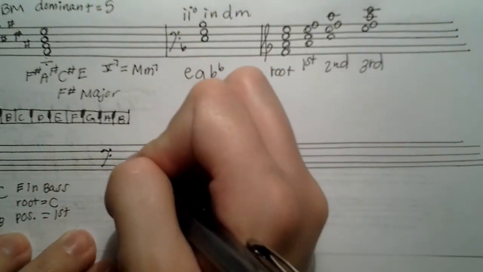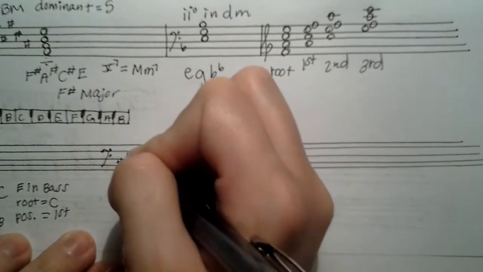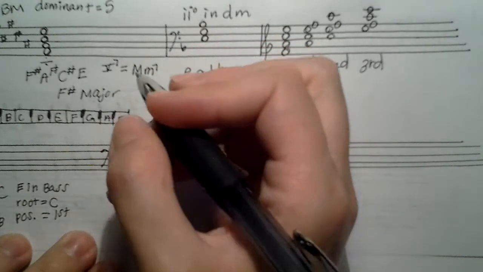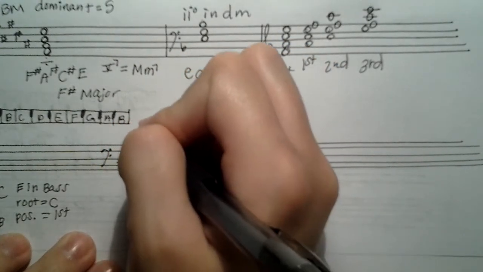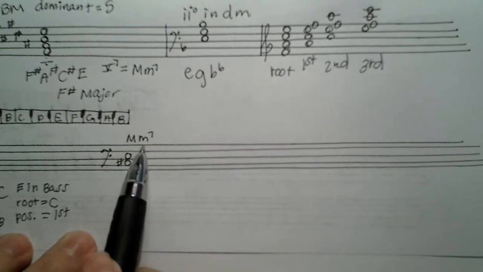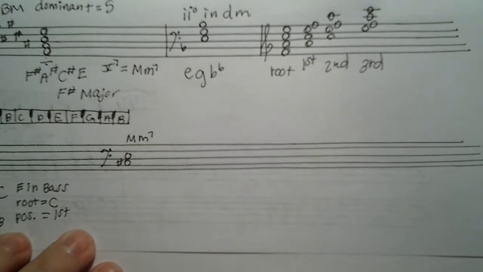Here's an example. Let's say that we have C sharp and E given to us, and it's asking for a major-minor 7. That means that we need a major chord with a minor third on top of it.